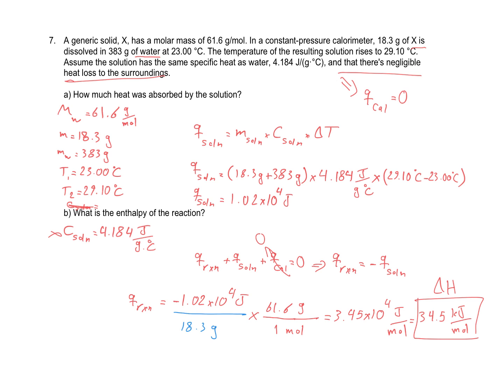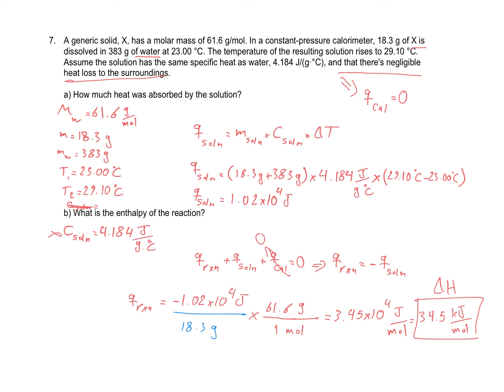And we already found Q of the solution in part A, so we have the number. So it's asking for the enthalpy. Enthalpy, as we said, is per mole of the solute, of the solid. So first we have to divide the Q of the reaction by the total mass of the solute, of the solid, and then we have to convert that by the molar mass to number of moles of the solute.